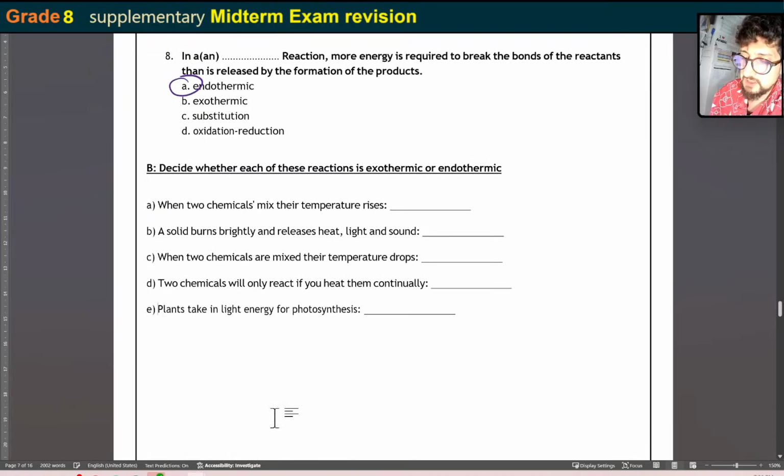Okay, decide whether each of these reactions is an exothermic or endothermic. When two chemicals mix, their temperature rises. That is exothermic. A solid burns brightly and releases heat, light, and sound. Certainly exothermic. When two chemicals are mixed, their temperature drops. That is endothermic.